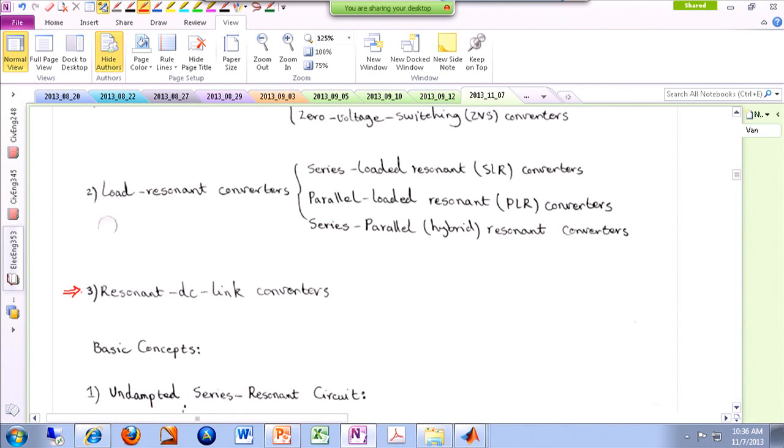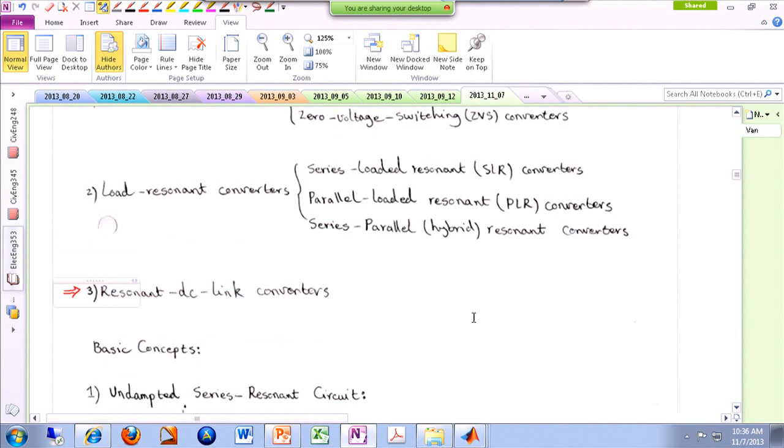So there are ZVS and ZCS solutions that are very popular, but there are tens of thousands of other papers published in this area that are not necessarily very popular. But it's a kind of a math-based approach. You can do a lot of fun stuff, at least on paper.